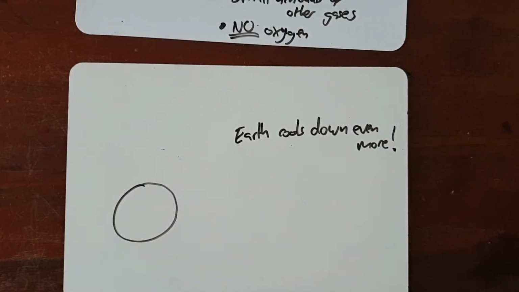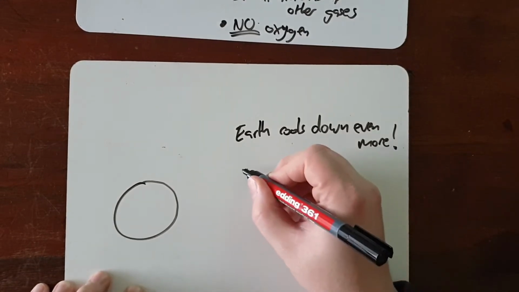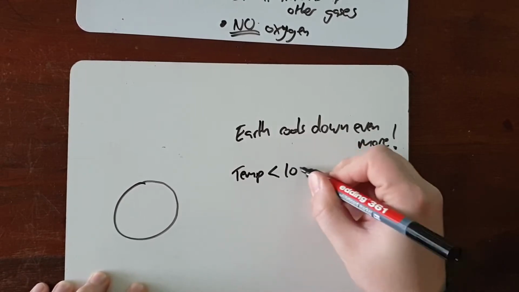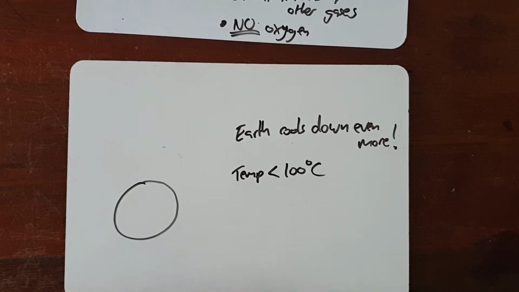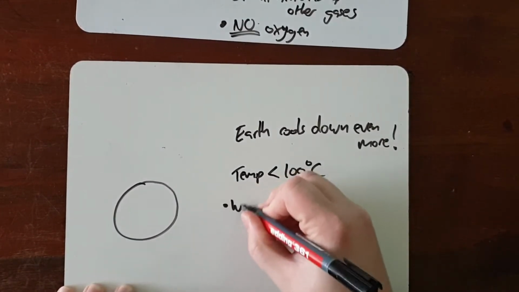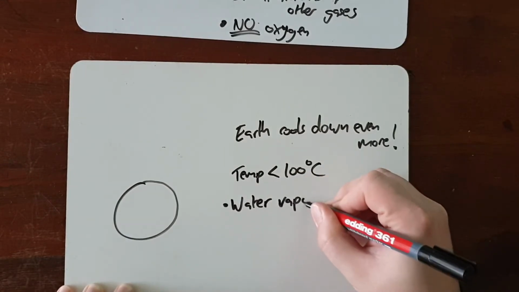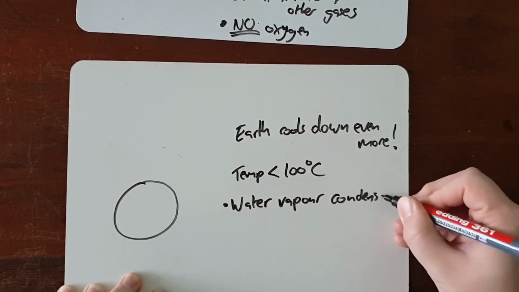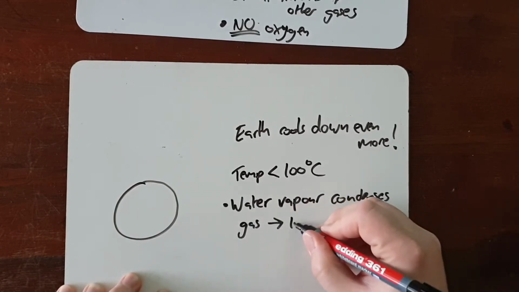As the temperature gets below 100 degrees, which is obviously the boiling point of water, the atmosphere changes because the water vapor condenses, this is why I put this in the quick quiz, which means it turns from gas to liquid.